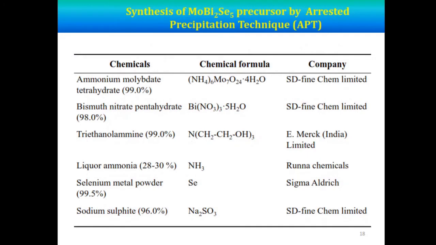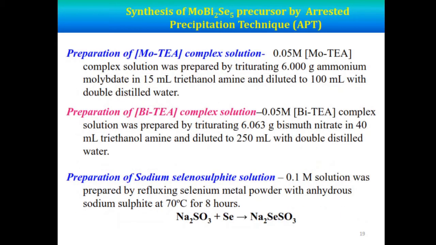This is the synthesis of MoBi2Se5 precursor by arrested precipitation technique. All the chemicals used for synthesis of MoBi2Se5 and thin films by arrested precipitation technique were of analytical reagent grade and used without any further purification.